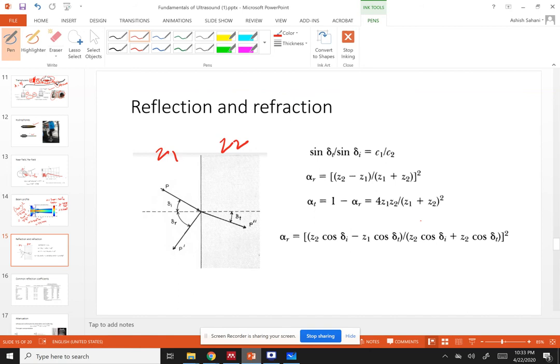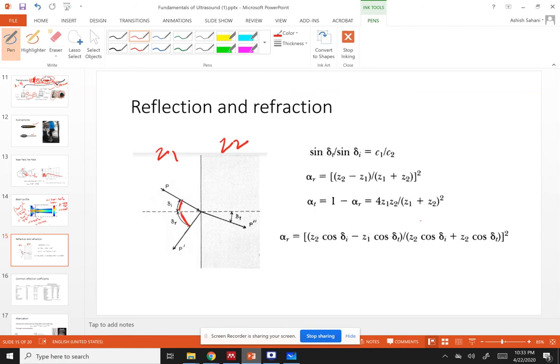One is the basic Snell's law, I believe it is called. If there is a sound getting incident on a surface where there is a transition between the impedances, then the angle of incidence will be equal to the angle of reflection.